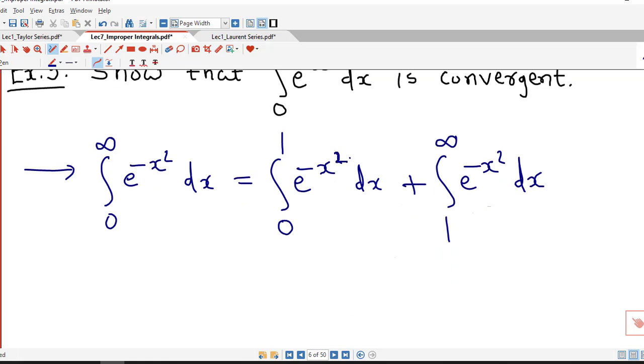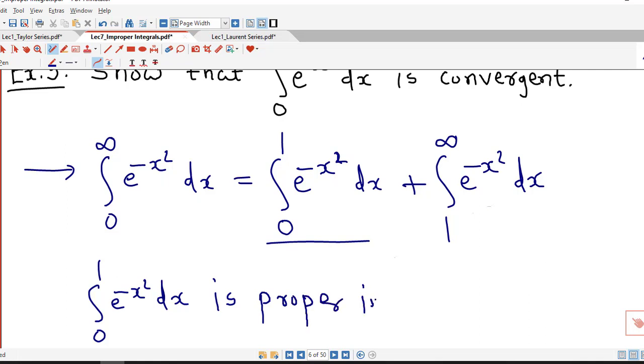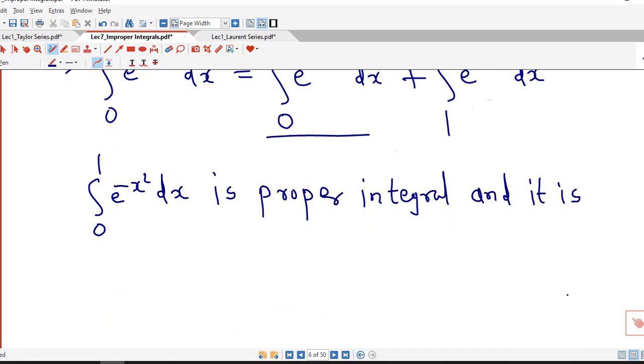Now this first integral is a proper integral because e raised to minus x square is continuous on the closed interval 0 to 1. So this integral is a proper integral, and we know that if an integral is proper, it always has some finite value and therefore it is convergent.